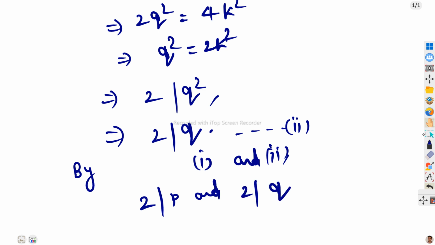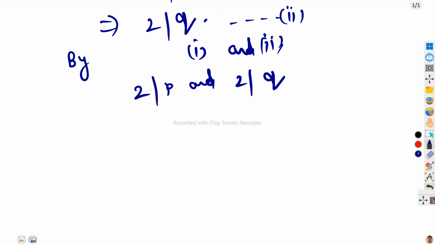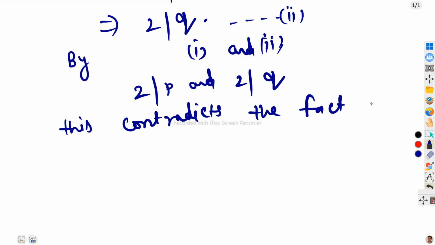So this is a contradiction. This contradicts the fact that p and q are co-prime.